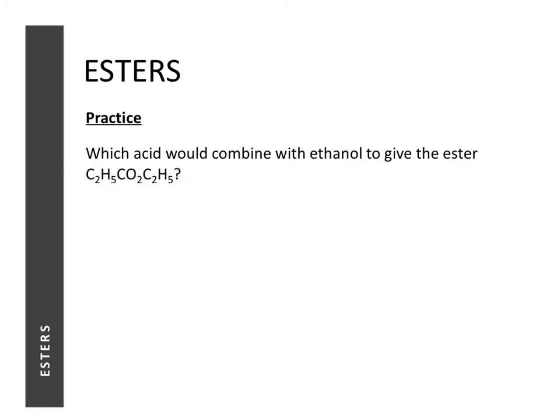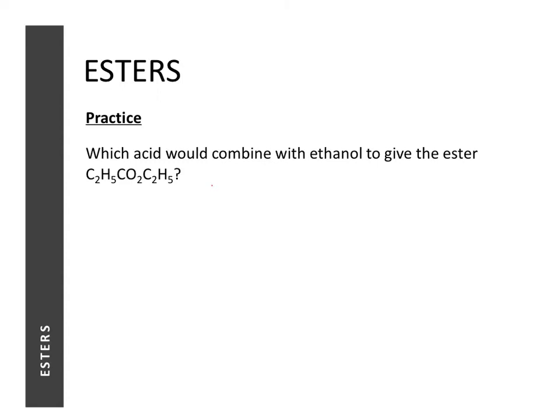One last practice. In this practice, we look at an ester, but this time the displayed formula is not given to you, but rather it is given in some form of a condensed formula. So in order to solve this question, we need to be able to interpret this condensed formula.